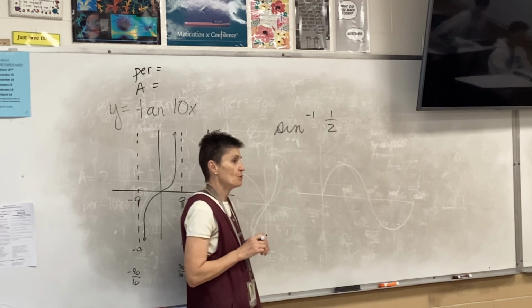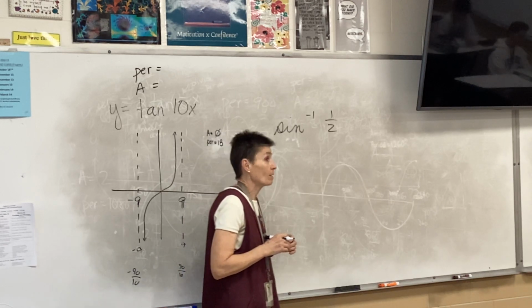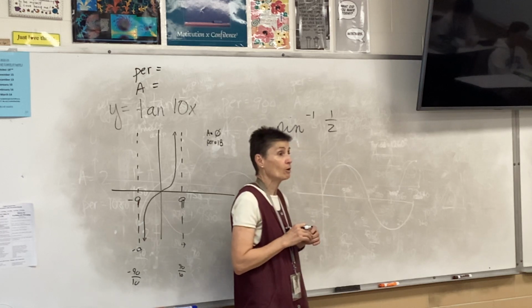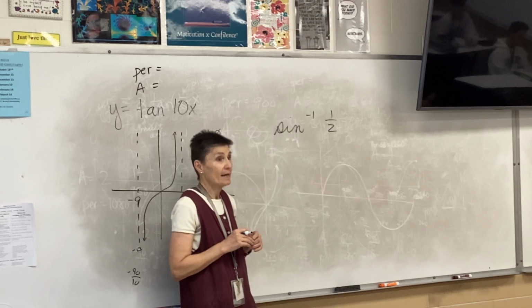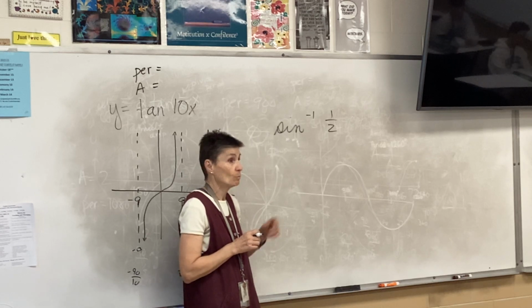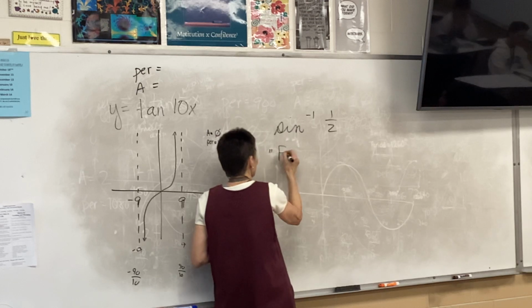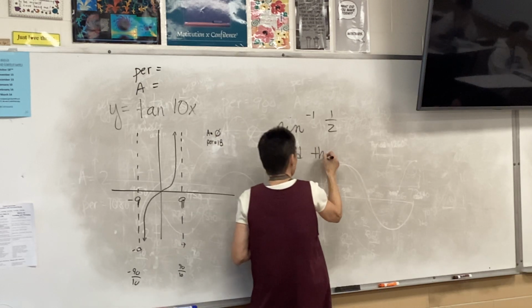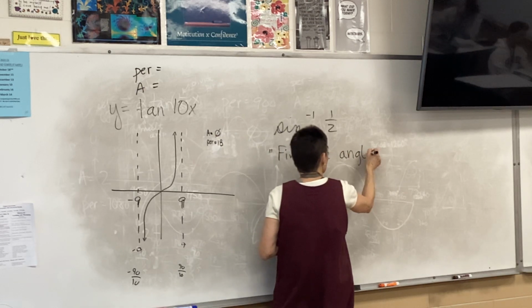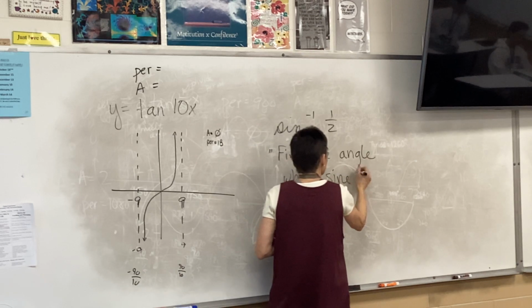When did we use those buttons? Well, we have seagulls. What were we looking for? If we're using that button, we are looking for an angle. Remember, if we want an angle, we use that button. So this literally says, find the angle whose sine is 1/2.